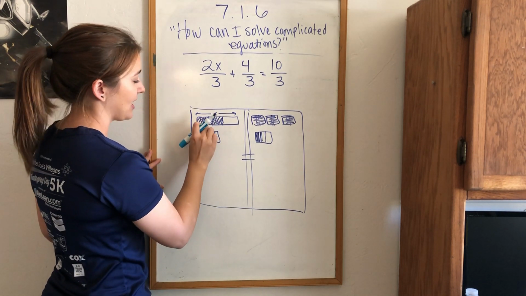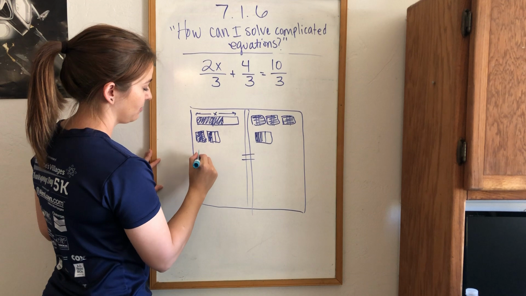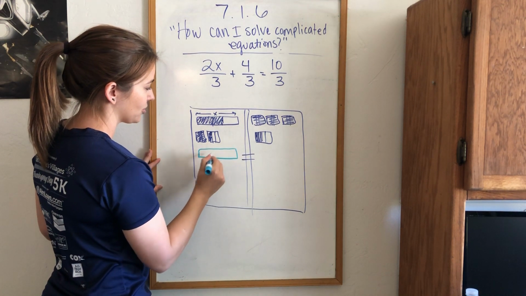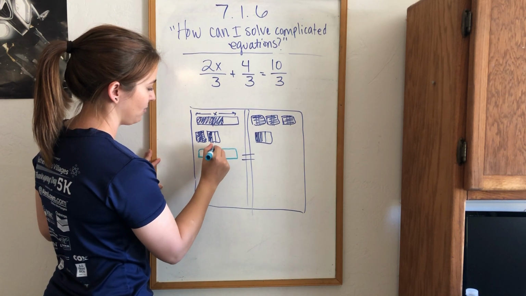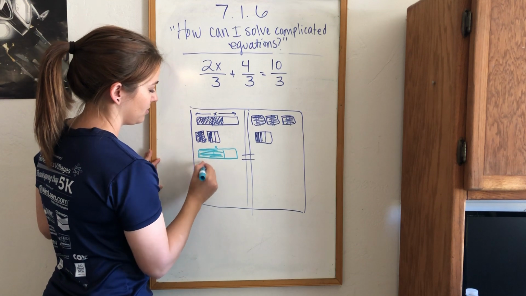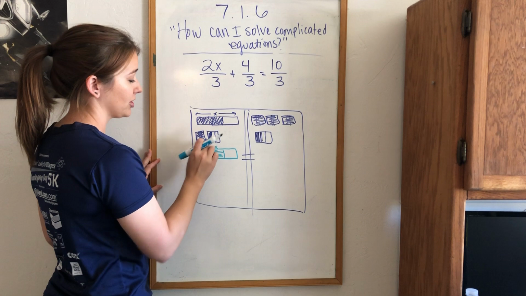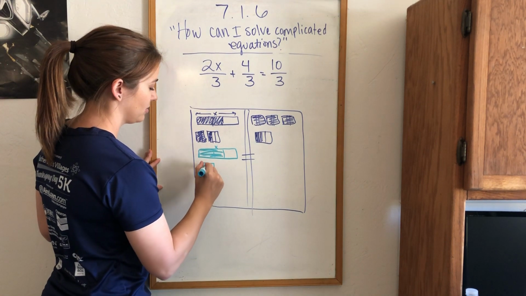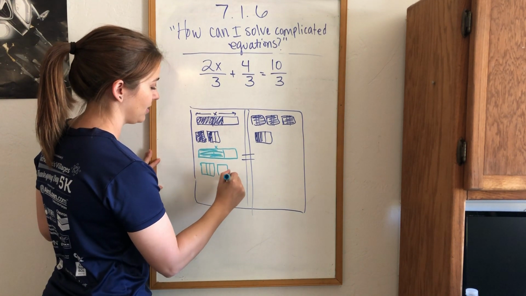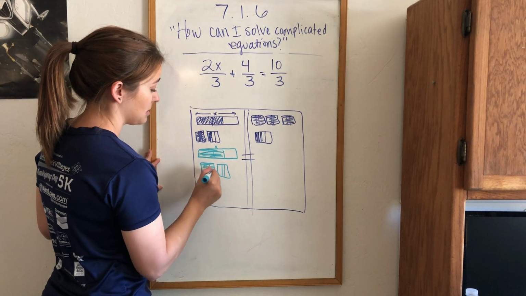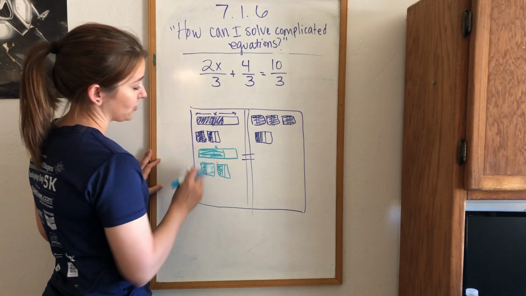So let's multiply this 2/3 x by 3. So we're going to draw 2 more of that same one. Nope, I'm going to do it one thing at a time. And then the 4/3, I'm going to draw another one of those because we're multiplying everything by 3. Okay, so now I have 2 sets.